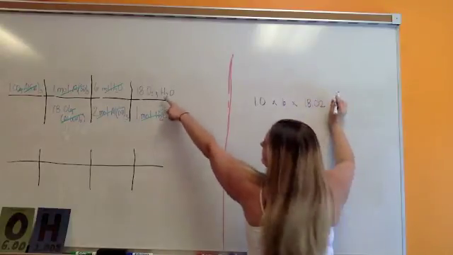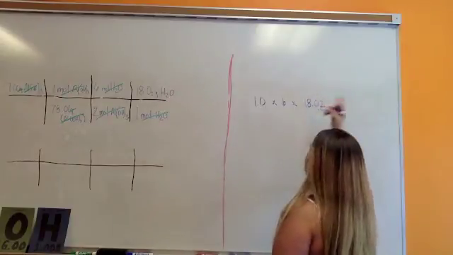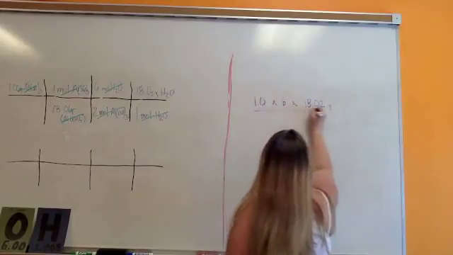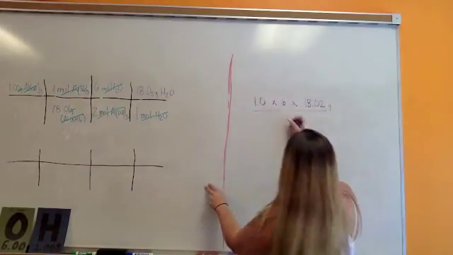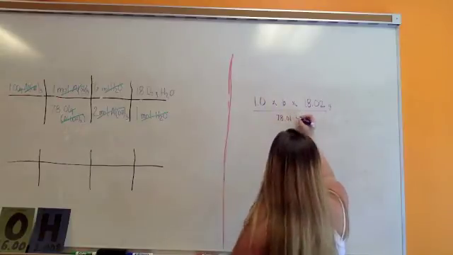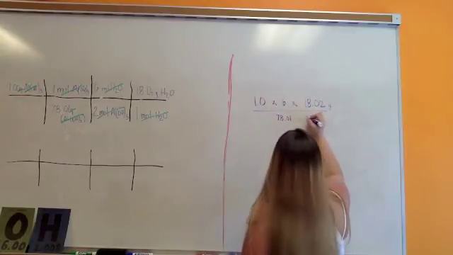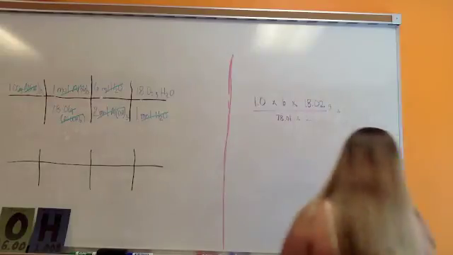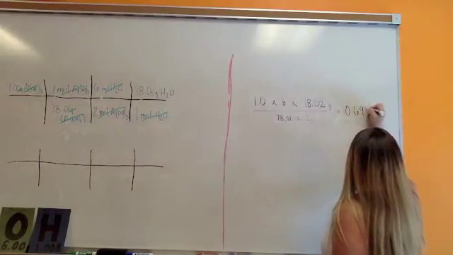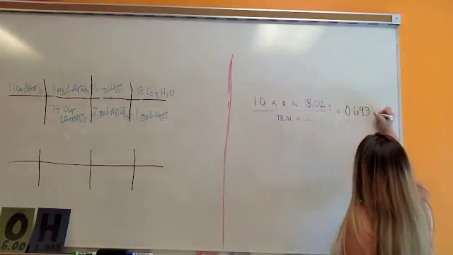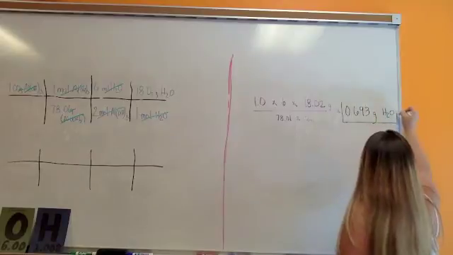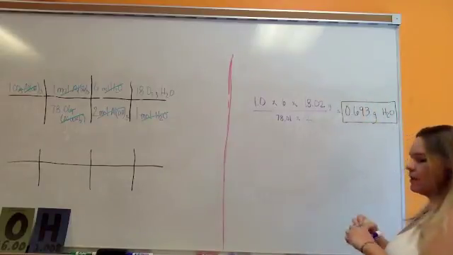Now this gram we can put into our equation because we haven't canceled that out yet. And that's all going to be over 78.01 times 2. Okay, and that's going to give us 0.693 grams of H2O.